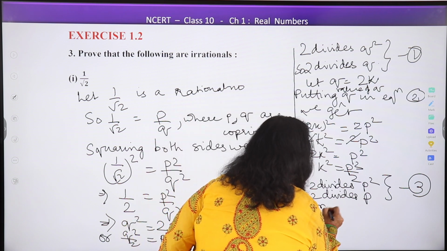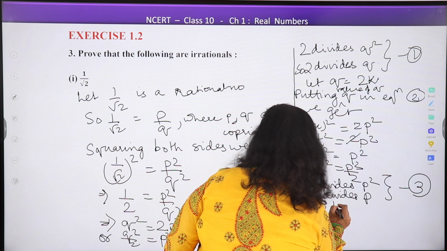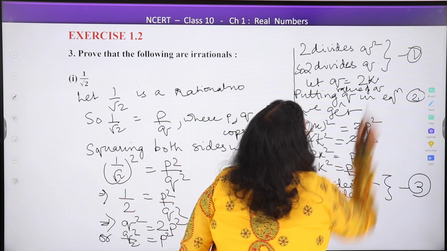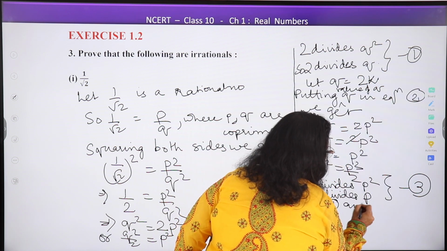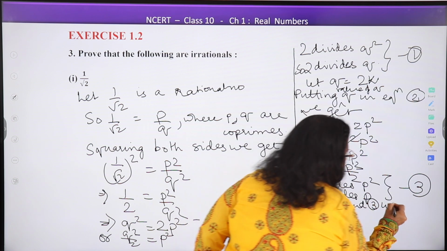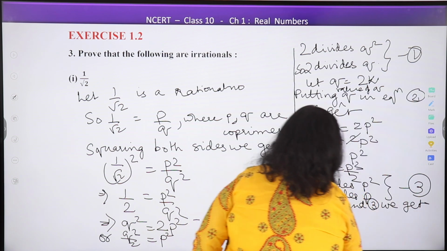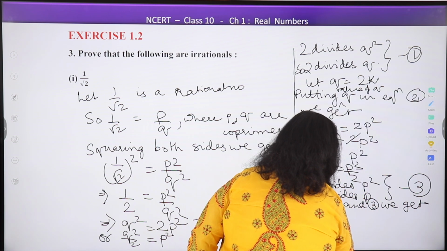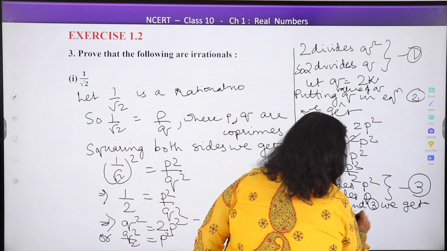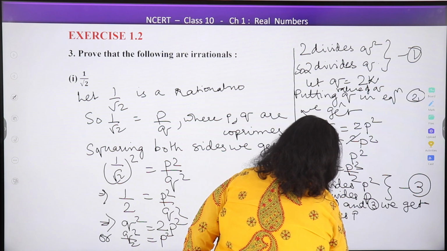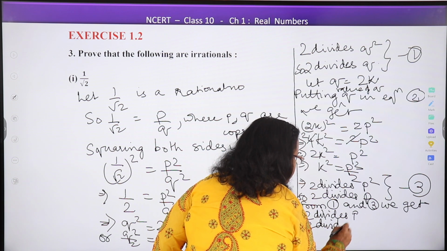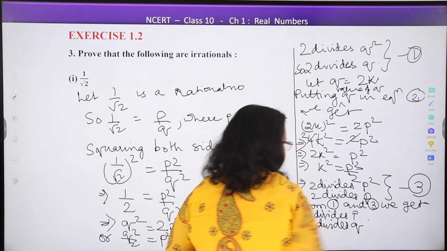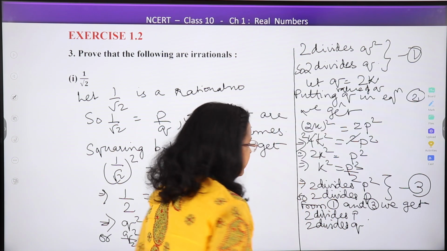From 1 and 3 we get 2 divides P, 2 divides Q. All right.